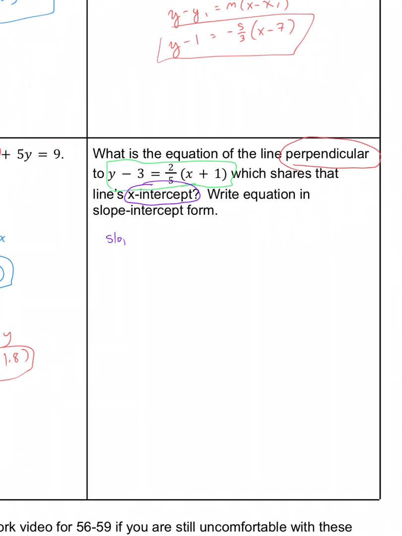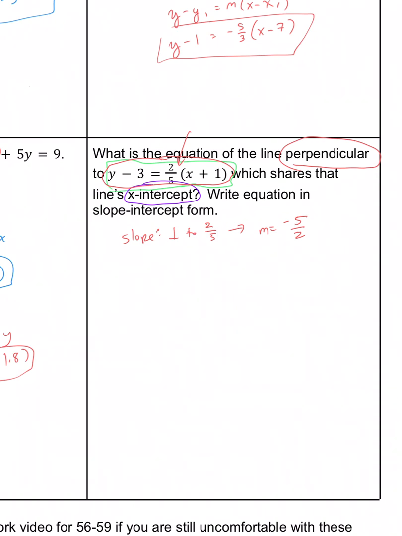So my slope is perpendicular to this, and this line is in point slope form, and the slope appears right here. It's 2/5. So it needs to be perpendicular to a slope of 2/5, which means the slope is -5/2, opposite reciprocal.